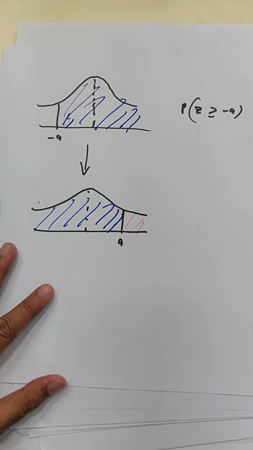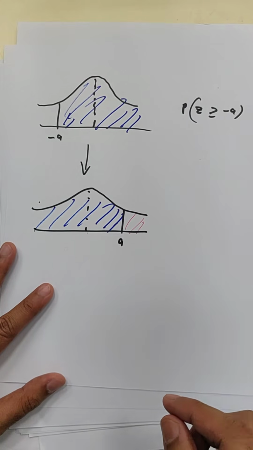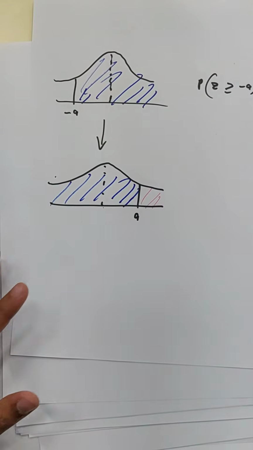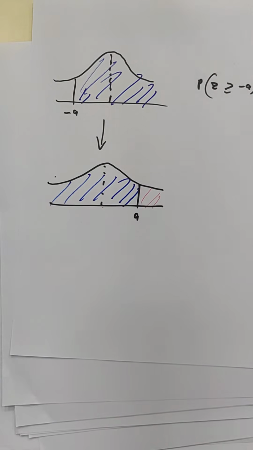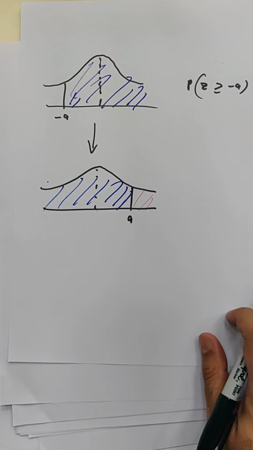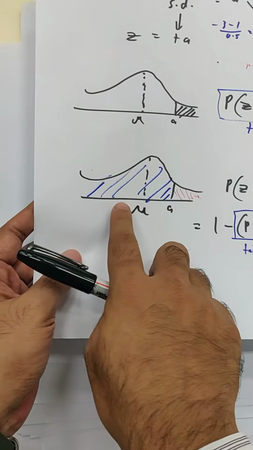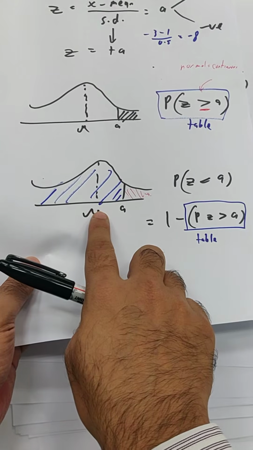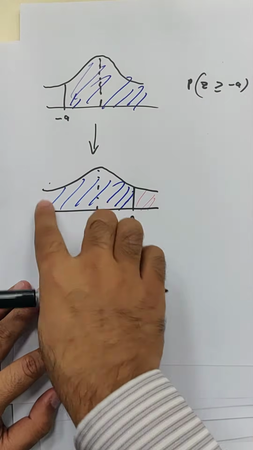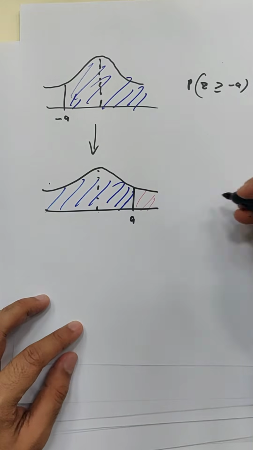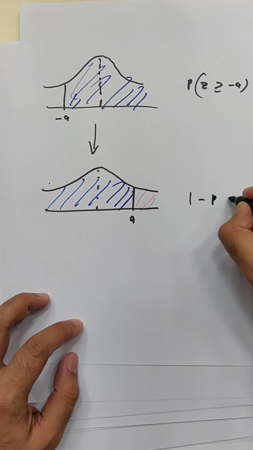1 minus what? Okay, try write down your answers and we compare them. Alright, you have calculated this just now, we have done this. It's identical to this one here. I want this part, I just don't want this part. So 1 minus P(Z more than A).